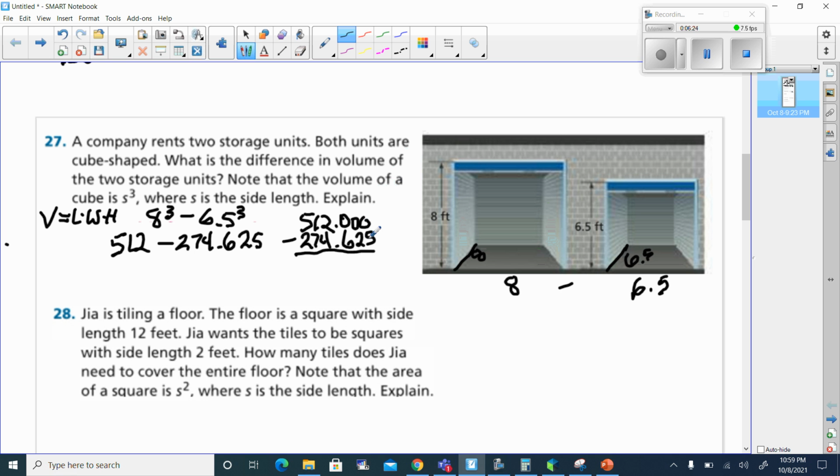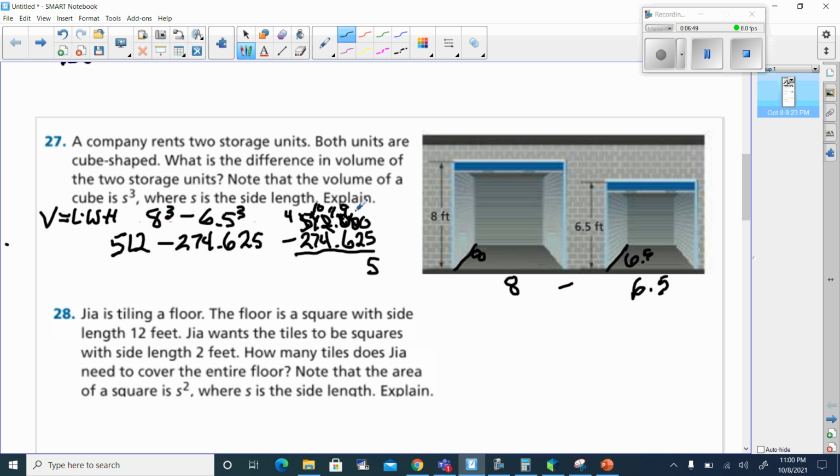When I do this, I know this is going to be a 10, so this will be a 5. This is going to end up being a 7. Remember, we're going to have to borrow from here, which means we're borrowing all the way from here, right? 4, and then this would have been 11, but now it's going to be 10. This would have been 12, but now it's going to be 11. This would be 10, but now it's going to be 9.